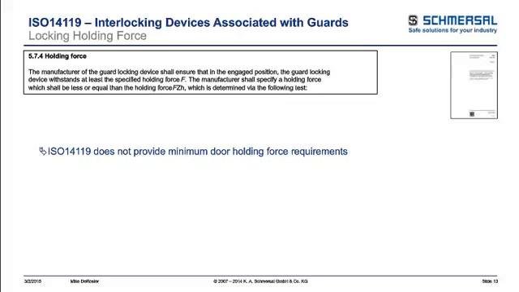What the standard is highlighting here is they're not providing what the minimum door holding force requirements are, because the standard basically can't. It all comes back to your risk assessment. When you look at the risk factors, what are the chances or what are the capabilities of people forcing a door open under a locked condition, and what are those forces needed to open it?